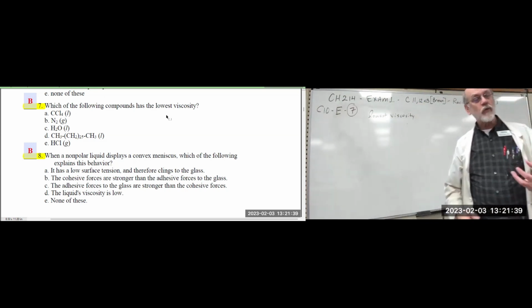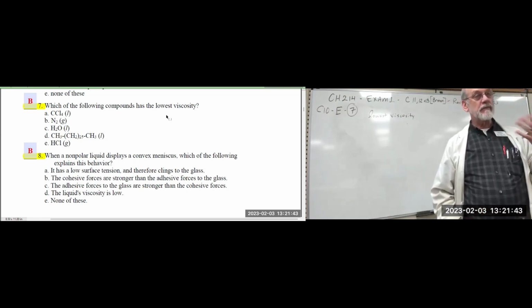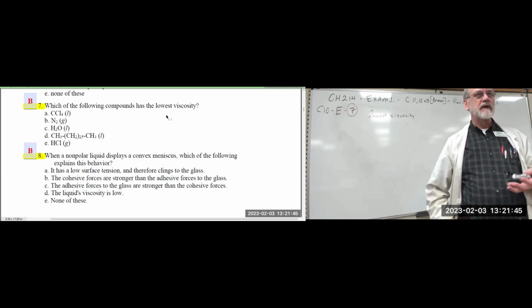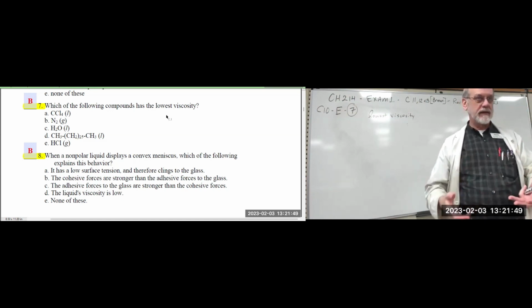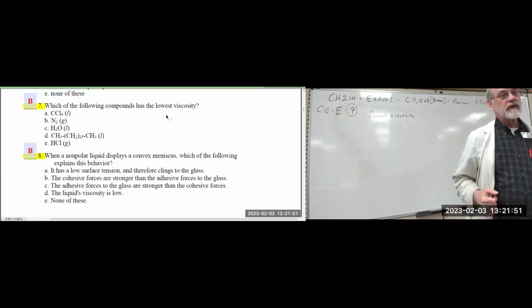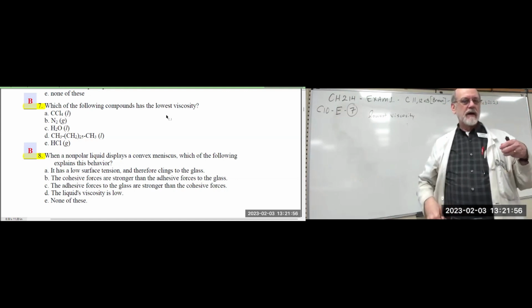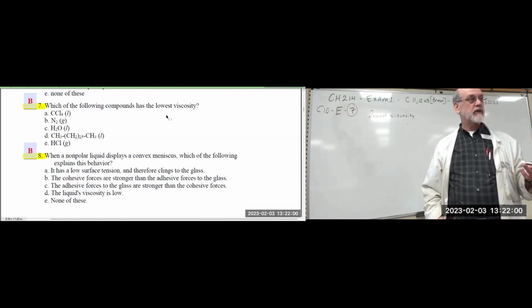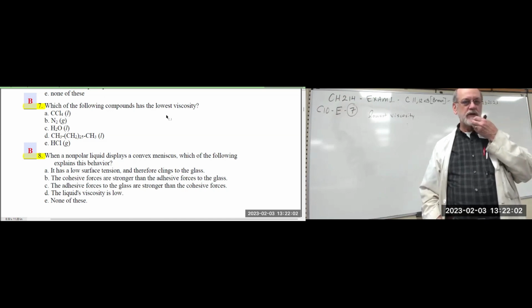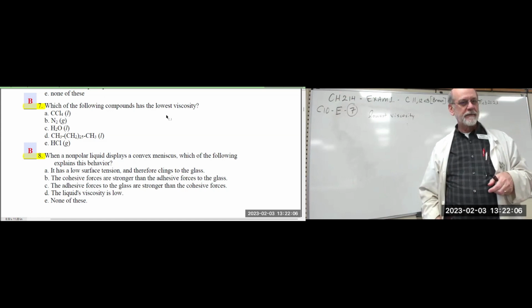The stronger the forces between and among the different molecules in a substance, the more viscous it is because it resists flowing. So what we want is low viscosity, which means we need something that has very low intermolecular forces.